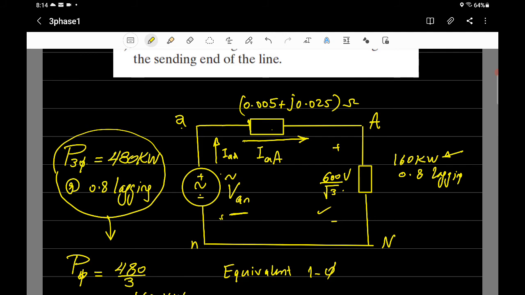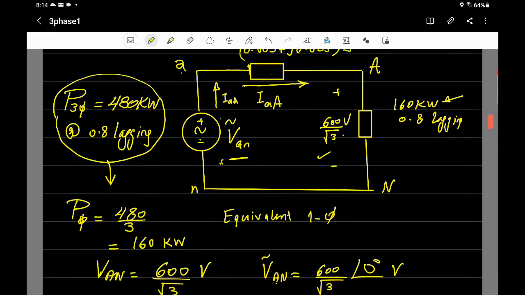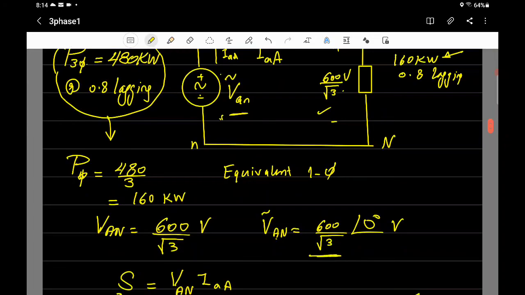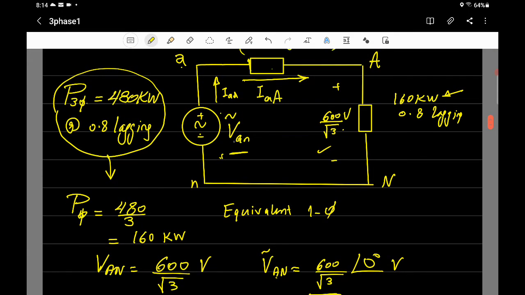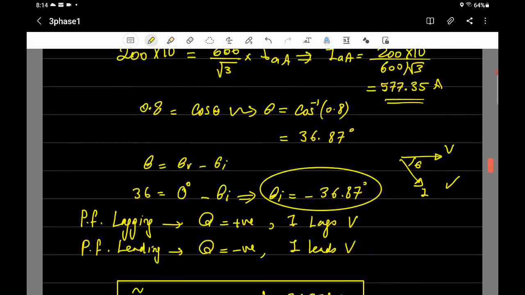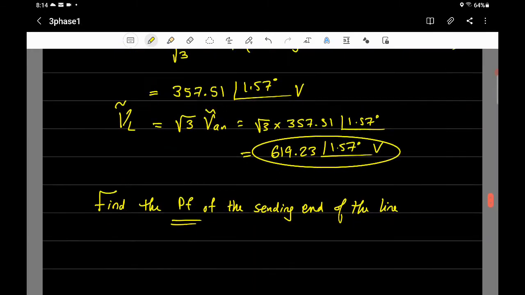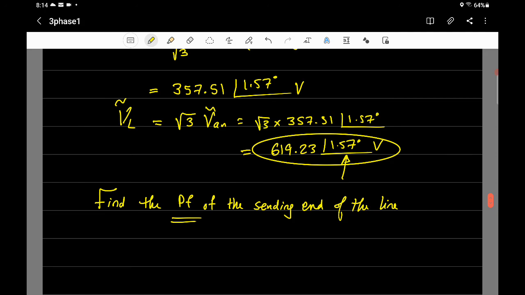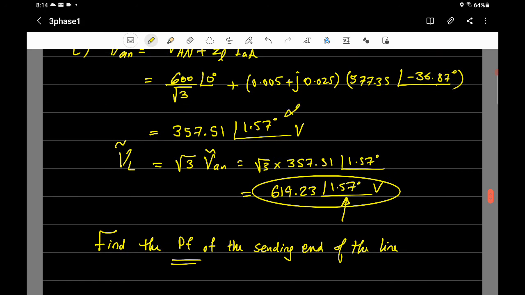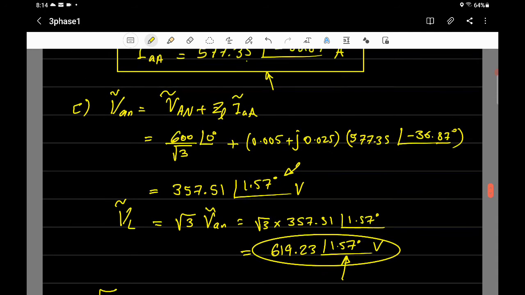Then you will ask, am I going to use the line values or phase values? Of course, phase values, as we said before, you cannot find power factor for line, just for phase. Do you know the angle of VAN? Yes, we got it here. This is VAN.